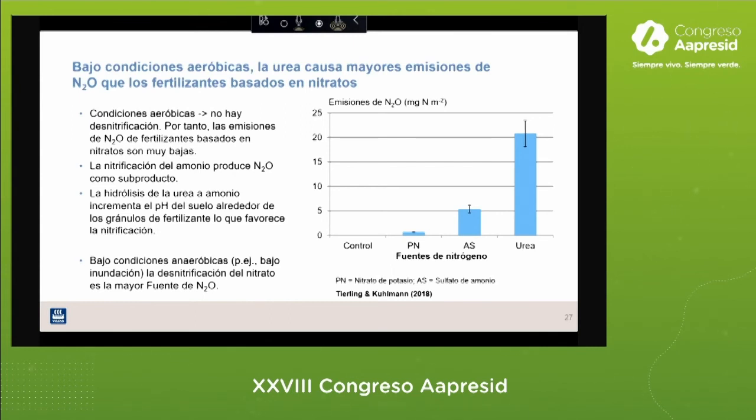If, for example, a grassland has a heavy soil and is wet and not well drained, then of course it can be the other way around. In that case, nitrates lead to higher emissions than ammonium or urea. So it's really depending on the conditions which nitrogen form is the better in terms of N2O emissions.